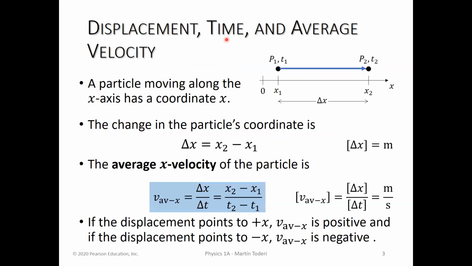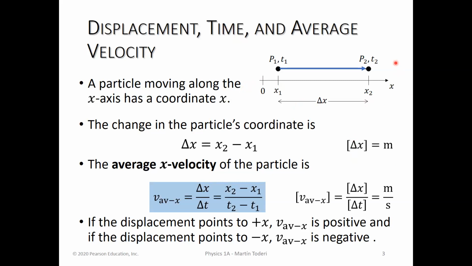So let's start with displacement, time, and average velocity. Imagine that we start looking at a particle which is moving in a straight line, and of course I want to stress this several times because it's really, really important: the fact that we need to establish a system of reference.